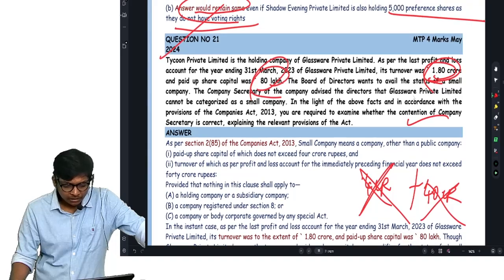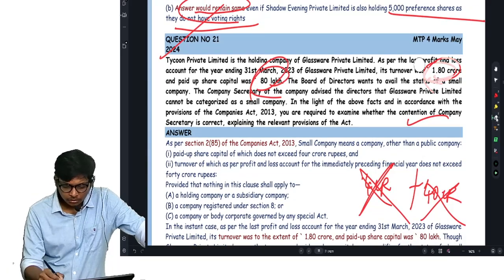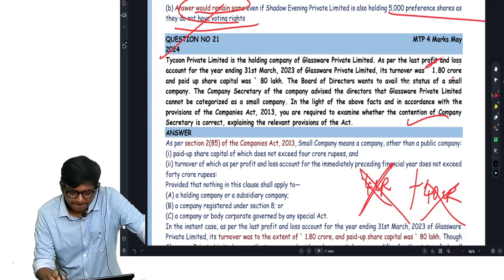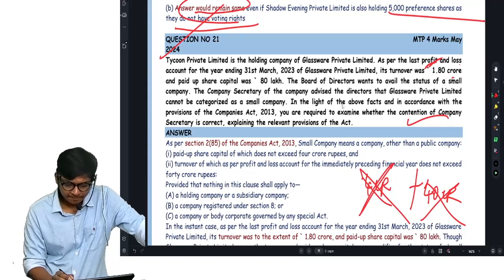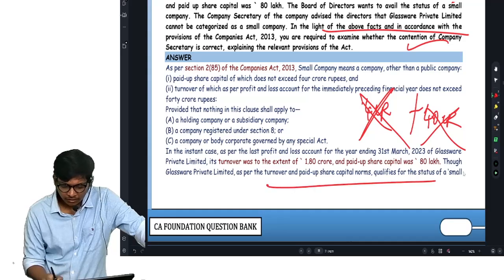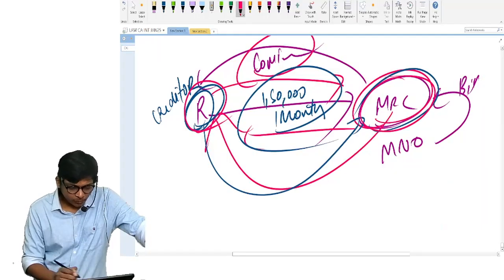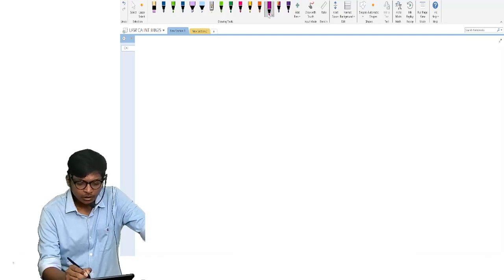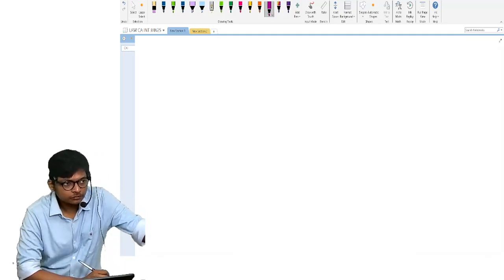Okay, but is the question done yet? Then they are saying, okay, is this a small company, guys? Yes. This same question, if it comes in Inter, I will tell you how they will ask in Inter. Let's say, what are the companies?